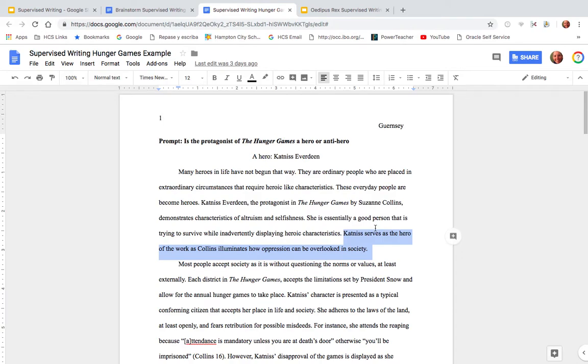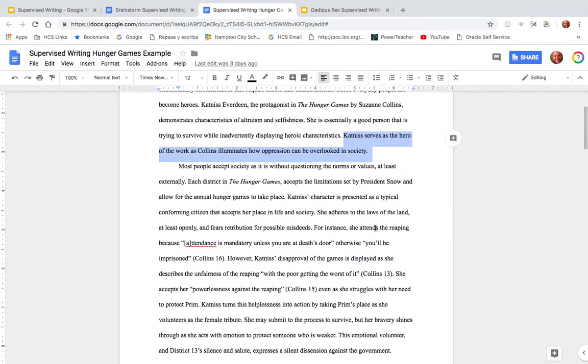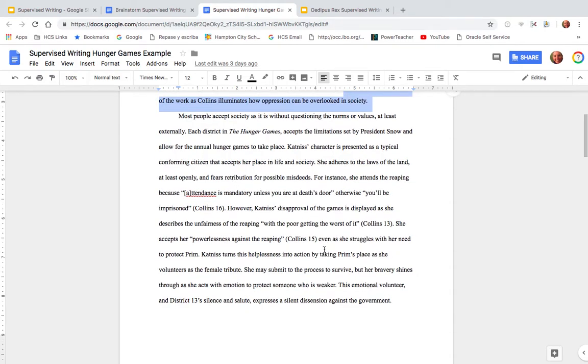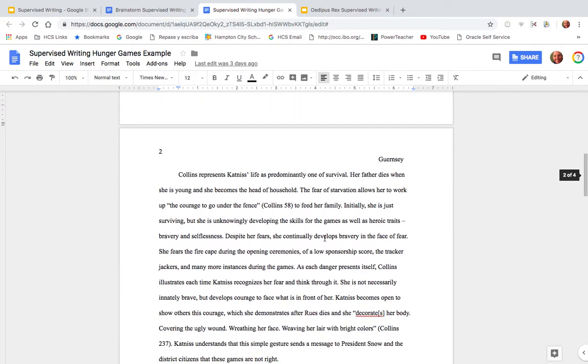As you read this, the person uses organization and development because you can understand what the person is talking about, and then you see all of these examples in here integrated really well to support everything that the person is stating.